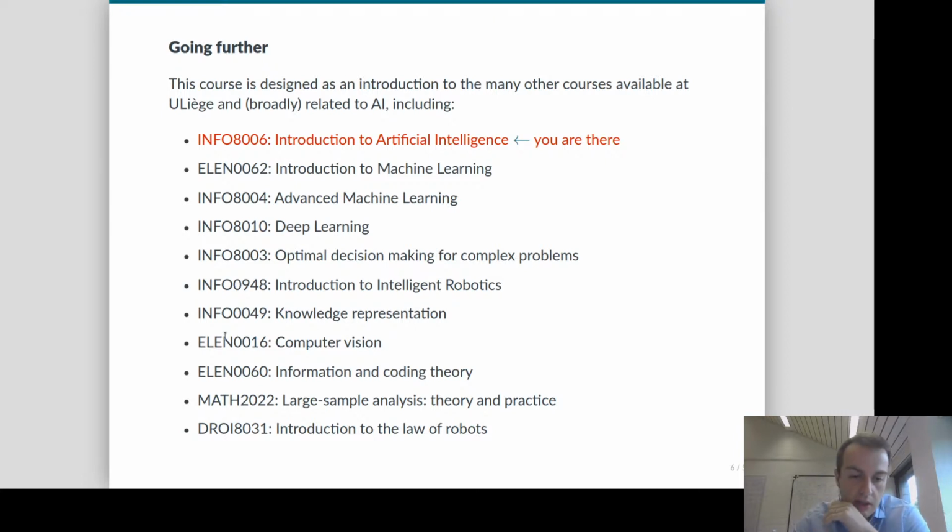And finally, you should know that all the methods, the algorithms that we'll see in AI in this course, or broadly speaking in all of these other courses, have huge social and societal implications, and you should be aware that there is a legal context which is building around that, and which is covered in a course given in the Faculty of Law, known as Introduction to the Law of Robots.